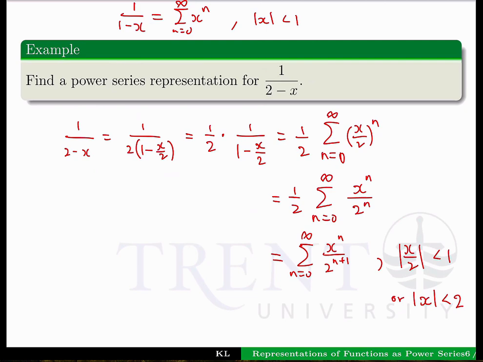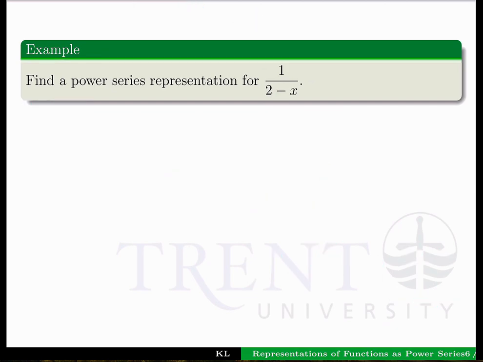Okay? Now, this will be our solution 1. So if I label this as solution 1, there must be a solution 2. Let us look at solution number 2.